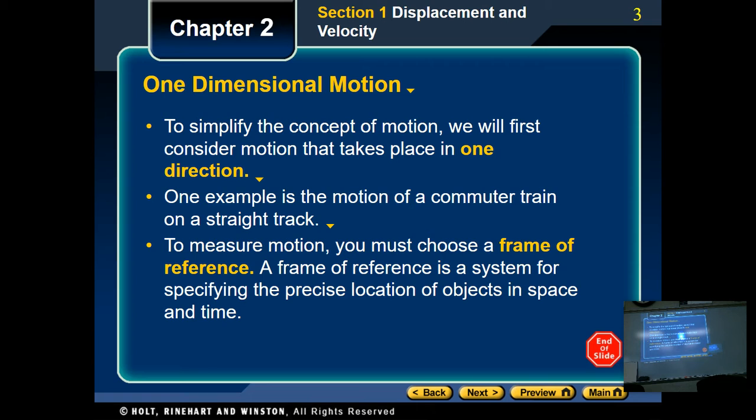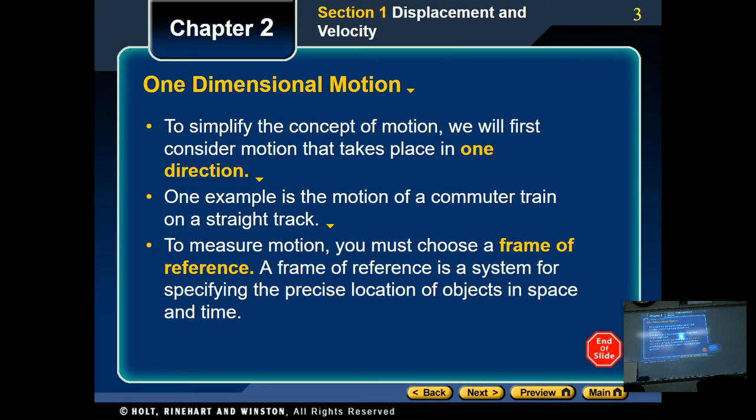You are witnessing my motion against the stationary desks. Like the skiers and the trees, those trees are stationary, and we can observe the motion of that skier in regards to the frame of reference of the trees. So it's a system of specifying the precise location of objects in space and time.